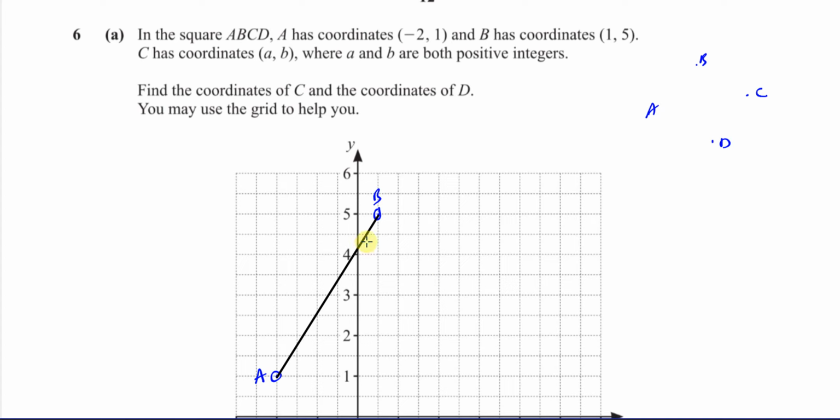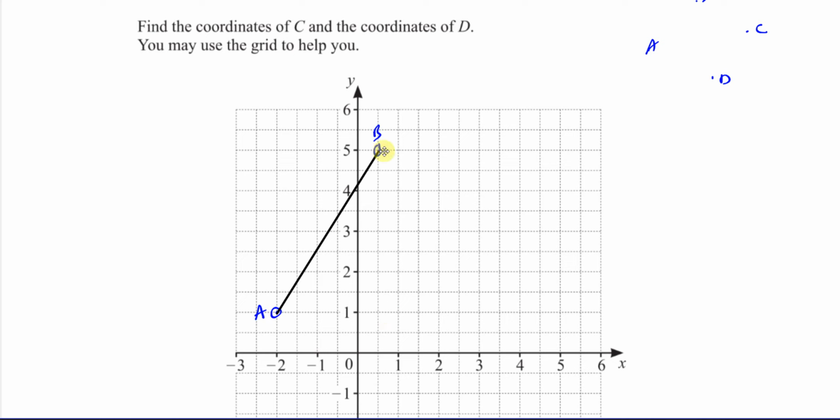Now, the side B to C, BC, is going to be the same length as this and parallel to this. But the line joining B to C is perpendicular to the line BA, so we can say that BC has to be the same length as this.